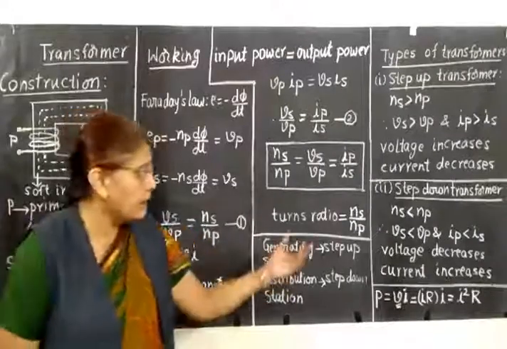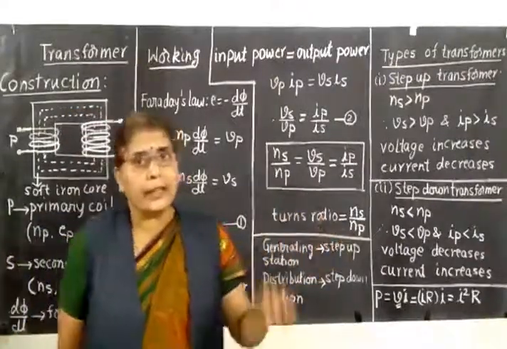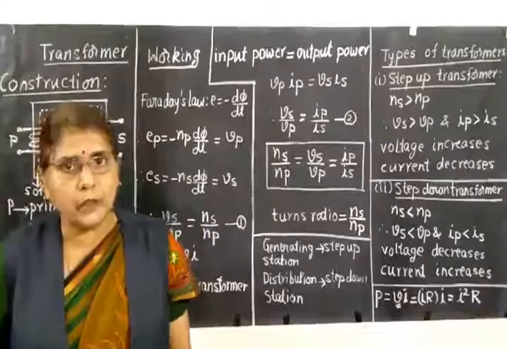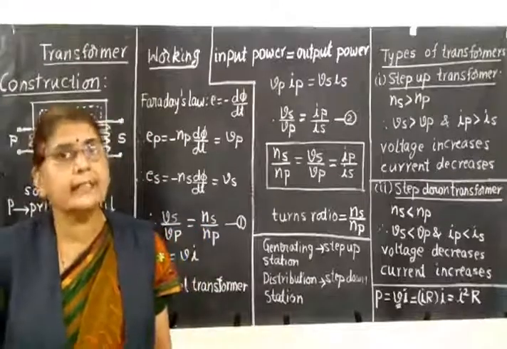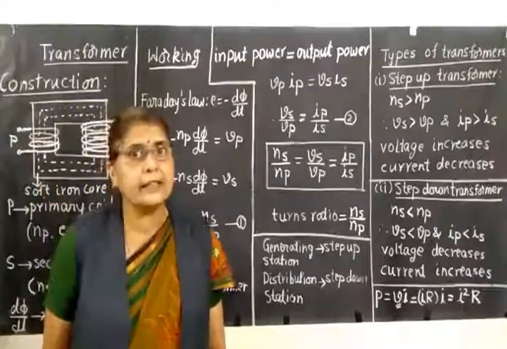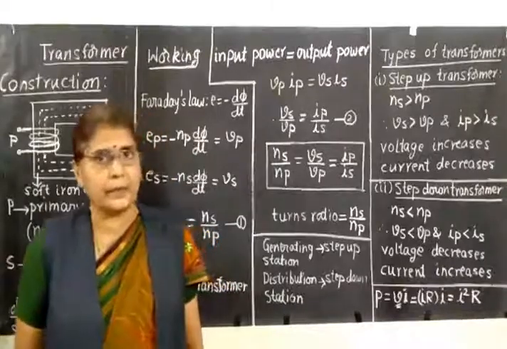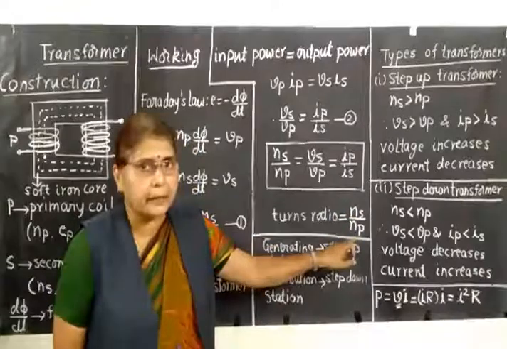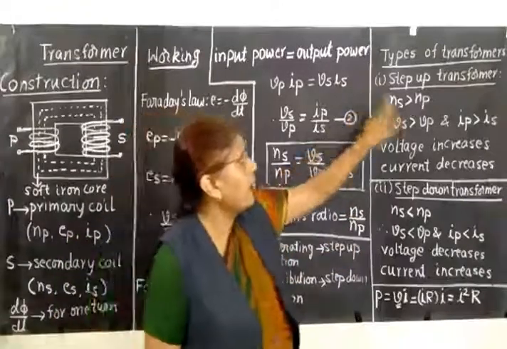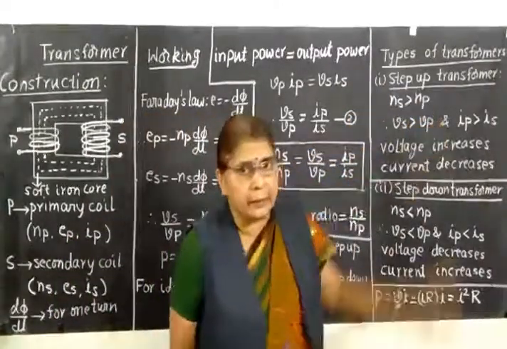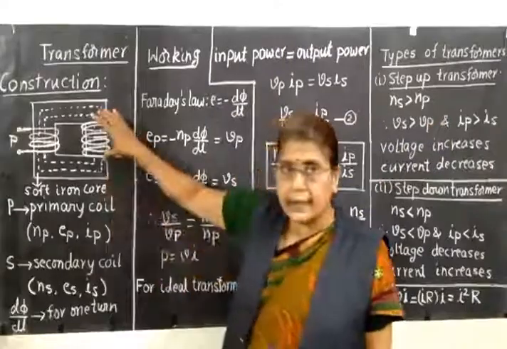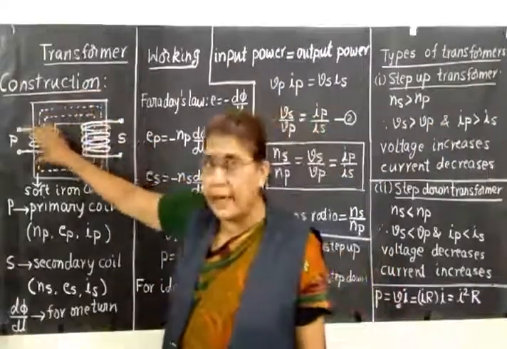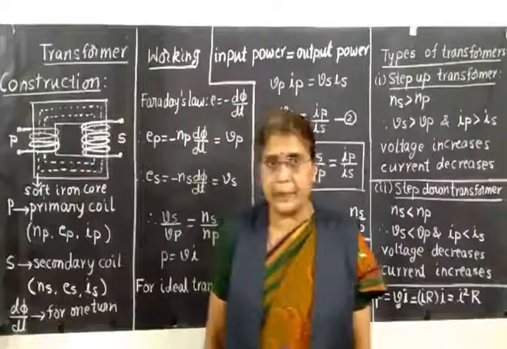Now, based on this turns ratio, we can define two types of transformers. One is the step-up transformer, another is the step-down transformer. Let us say Ns is greater than Np. First case, Ns greater than Np. The meaning is the number of turns in the secondary is more than the number of turns in the primary.